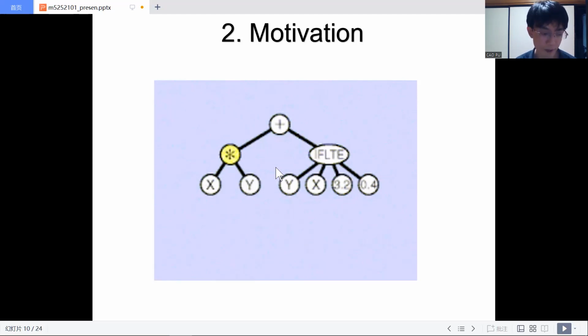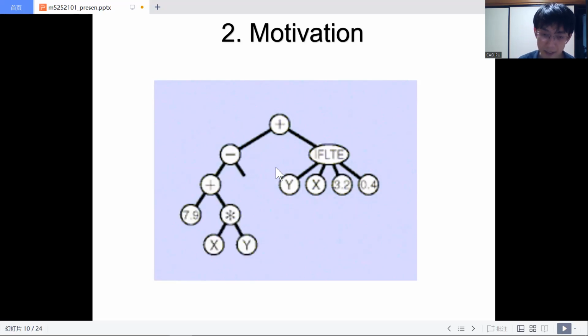And from the experiments, we discovered that for some data sets, it is very obvious that some operators are not suitable.